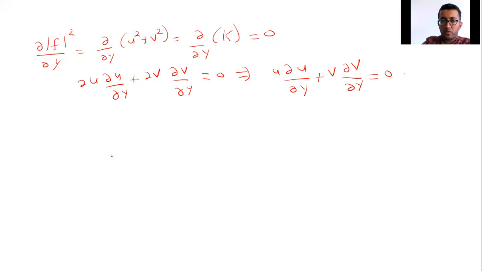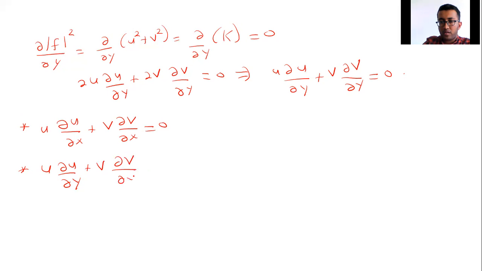So I obtained two equations, right? What is the first one? I obtained u ∂u/∂x plus v ∂v/∂x equals 0, right? And also I obtained u ∂u/∂y plus v ∂v/∂y is equal to 0, right?